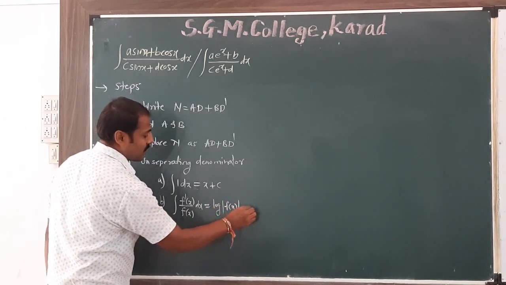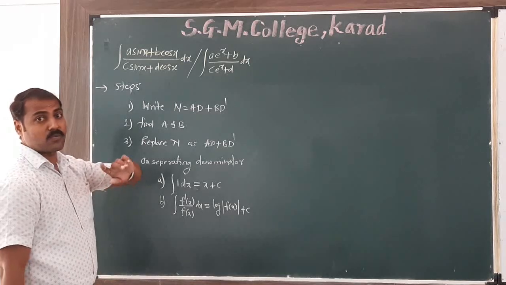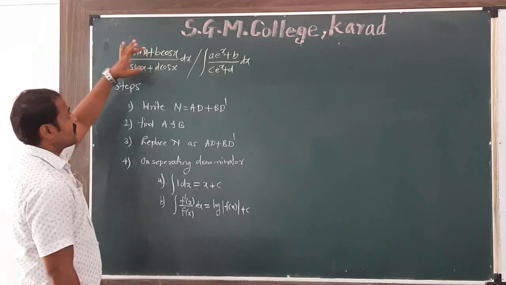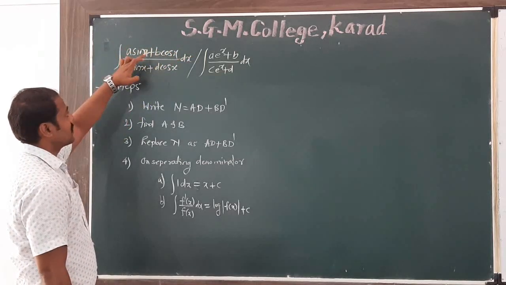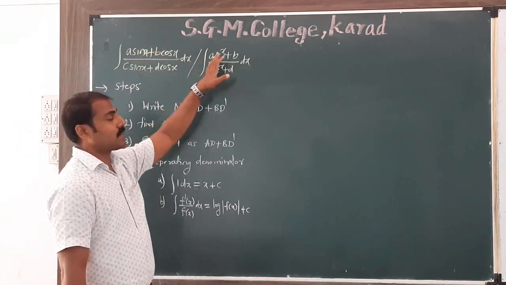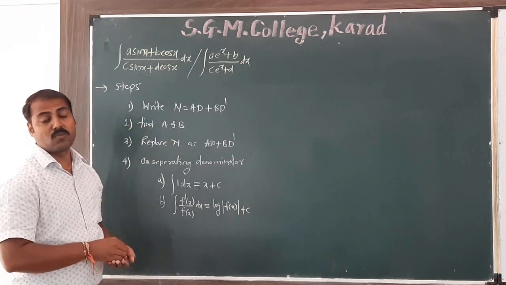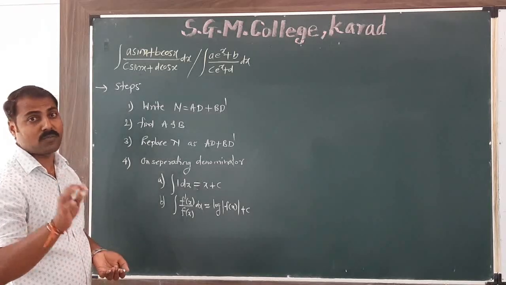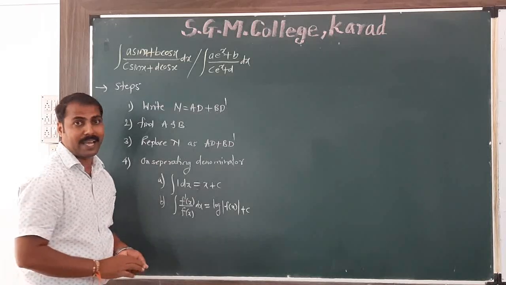Here is the formula for such type of integrations. Okay, so I can revise again. Here is the first type of trigonometric integration and first type of algebraic integration. If there are terms of sin x and cos x in the numerator and denominator both, or there are terms of e^x in the numerator and denominator both, then we use such a type of integration. Steps to solve such integrations: write first the numerator as A D plus B D dash.